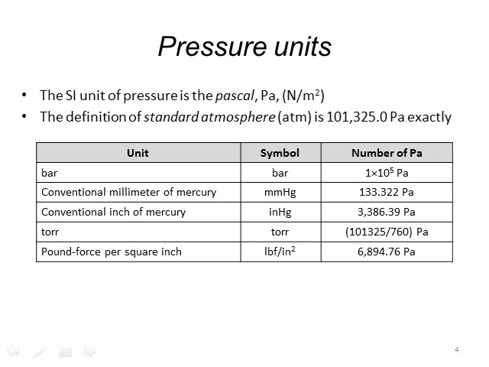And the definition of the standard atmosphere is 1 atm, which is 101,325 pascals exactly. And then in the table below, on slide 4, we have some units. So we have bar, millimeters of mercury, inches of mercury, torr, pounds per square inch. There are many, many more. These are the most common.